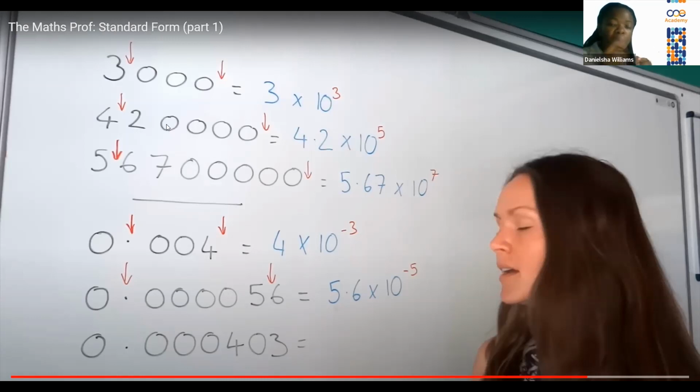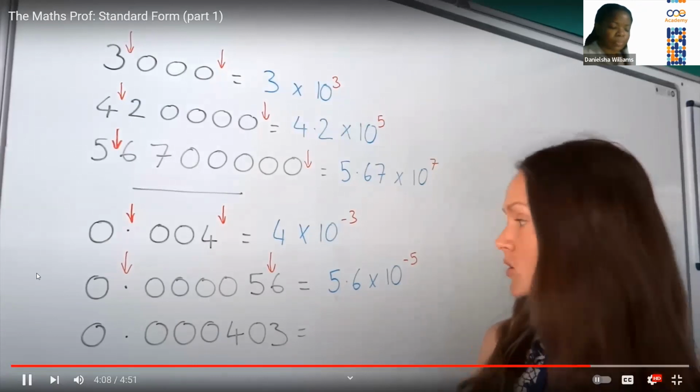Because we're dealing with smaller numbers, meaning a decimal number that's lesser than 1, your power is going to be negative automatically. Then you count your number of places or positions, and that would give you your exponent. So let us finish this final few minutes.